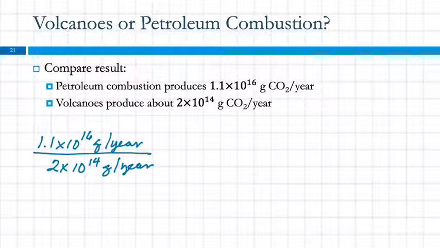And my calculator says 55. Which, to one significant figure, I guess you'd have to round to 60. But, so petroleum combustion produces 55 times more CO2 than volcanoes.